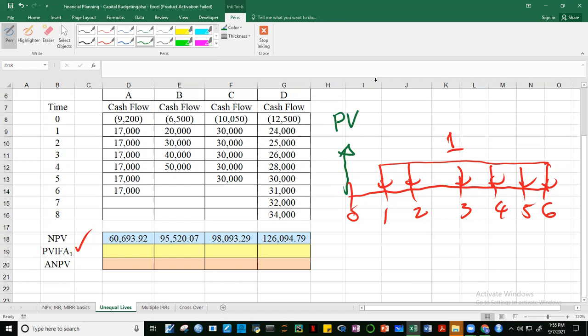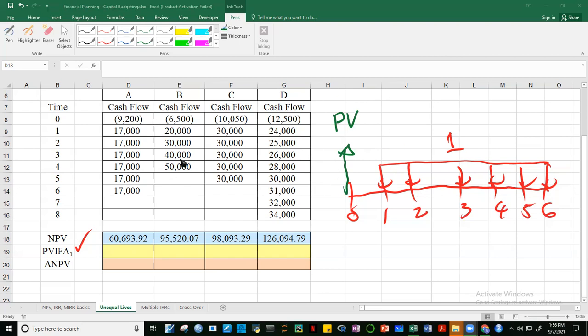Okay, sorry. PV guys. So we need to get the present value. So ano equivalent ng annuity of 1 for 6 years ngayon? That's what we want to do.